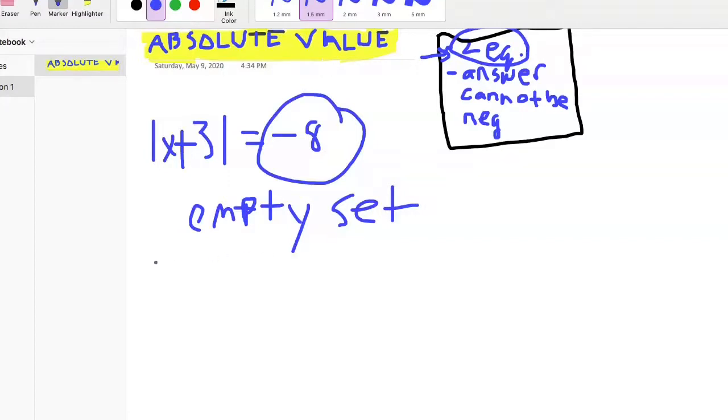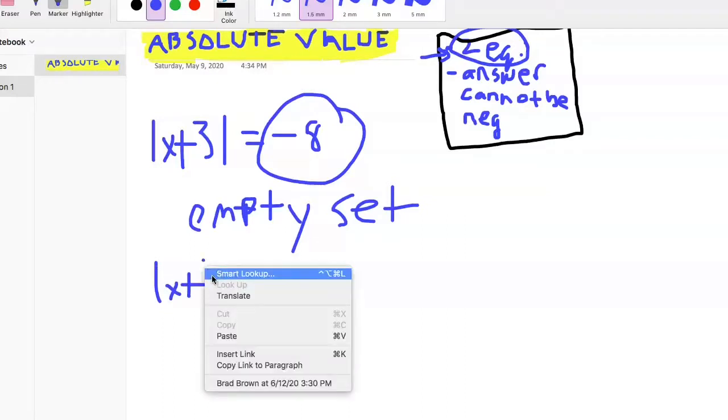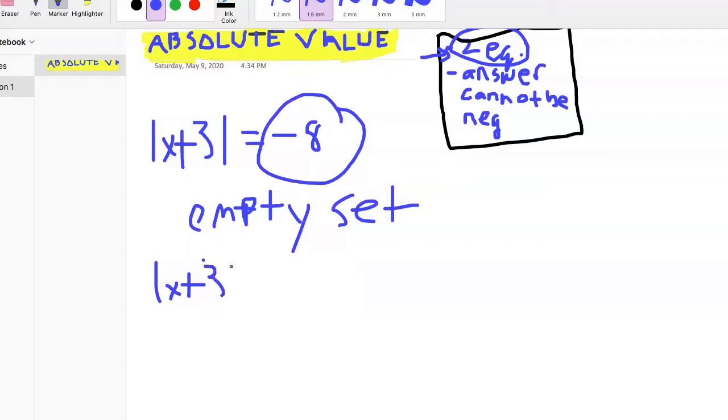So the only possible exception here would be if they really tried to get tricky with you. They had something like this, absolute value x plus 3, and then it said minus 10 equals negative 8. So if you saw something like this, then we would add 10 to each side before we did anything else, right?